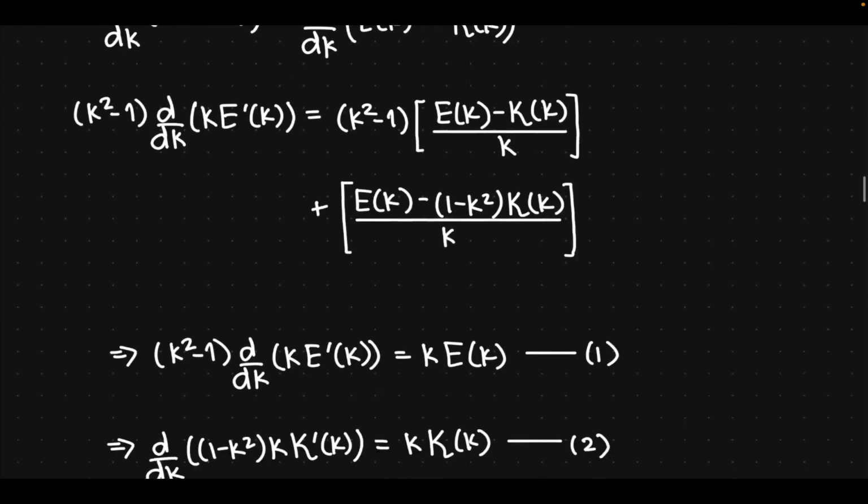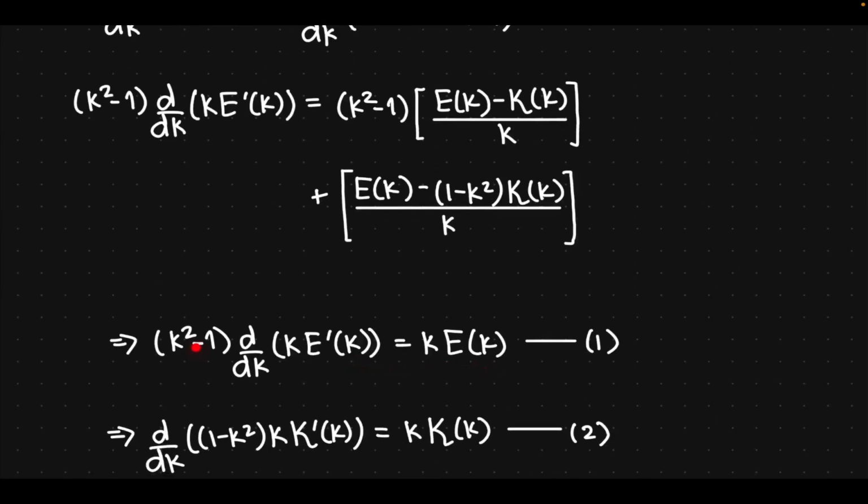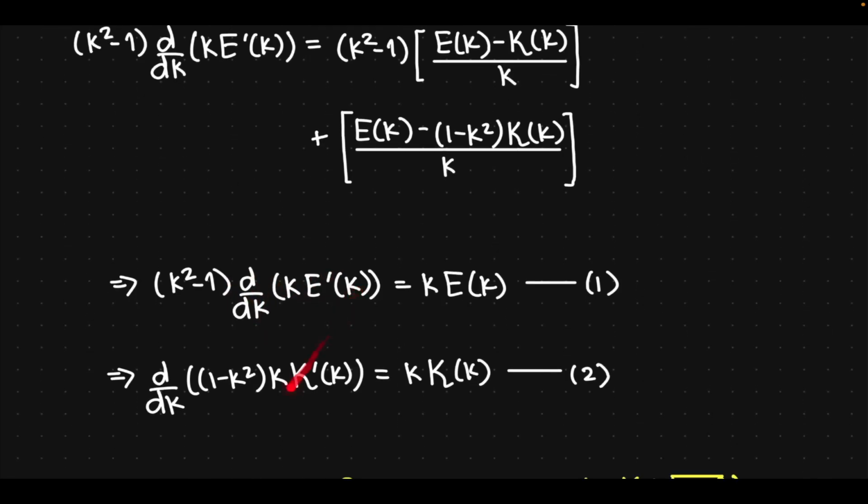So we just end up with, sorry, I meant to say equation 2. So d over dk of (1 minus k squared) times K prime of k equals k times capital K of k. That's equation 2. That's really uncoupled because now there's no E dependence.